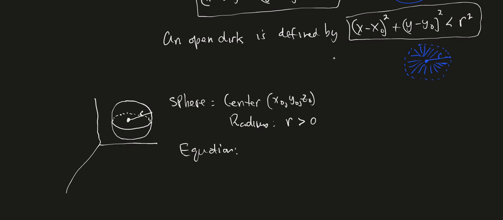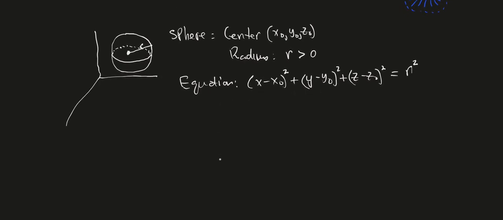It looks exactly like the circle's, but it has a third term on the left-hand side of the equation. And when we include the points inside, it will be an inequality. So here's the equation: x minus x0 squared plus y minus y0 squared plus z minus z0 squared is equal to r squared.